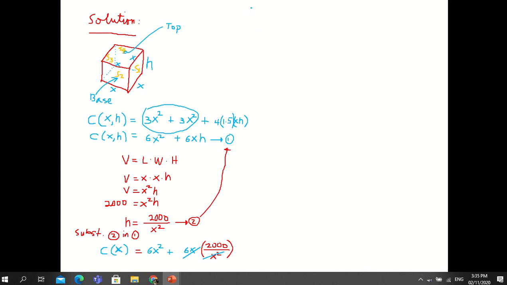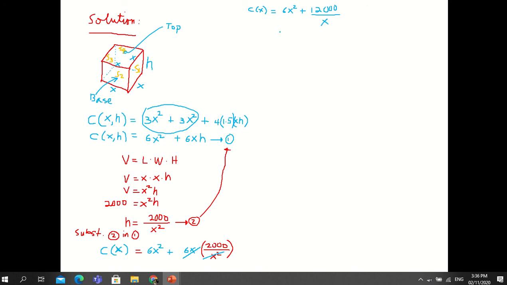So the equation becomes c sub x equal to 6x squared, then plus, so 6 times 2000, so we have 12,000 divided by x.